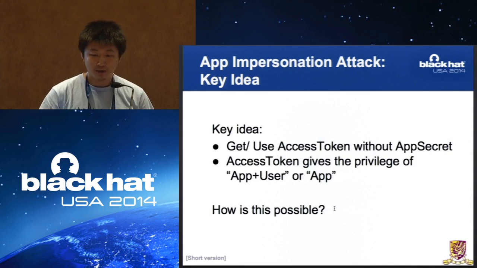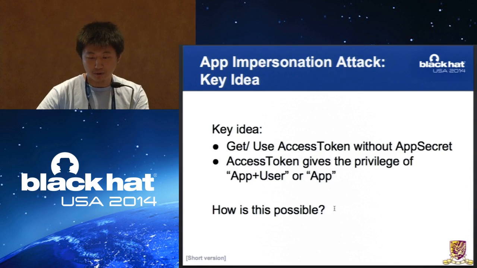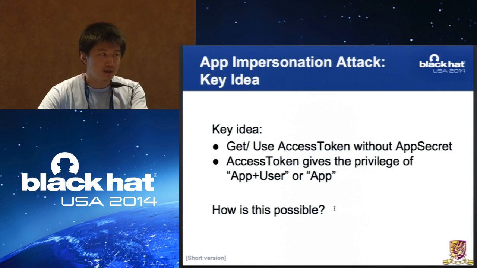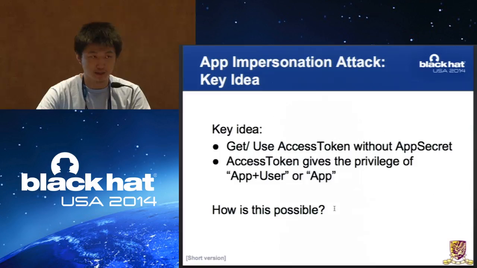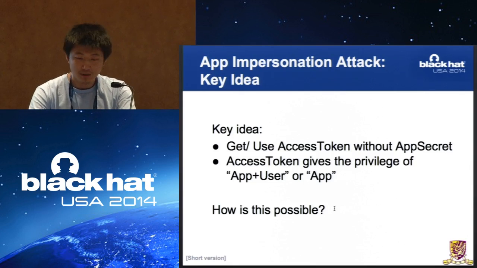If somehow you can get the access token and use it without the app secret, then you can operate with the privilege loaded with this access token. For example, you can operate on behalf of the app and the user, say post a status via this app for this user. And sometimes you can also operate on behalf of the app, for example, send something to the app installers. So how is this possible?